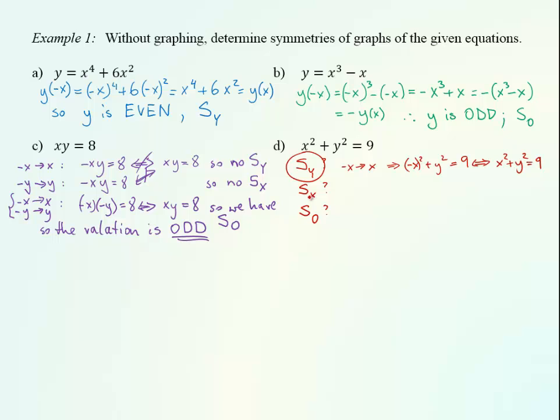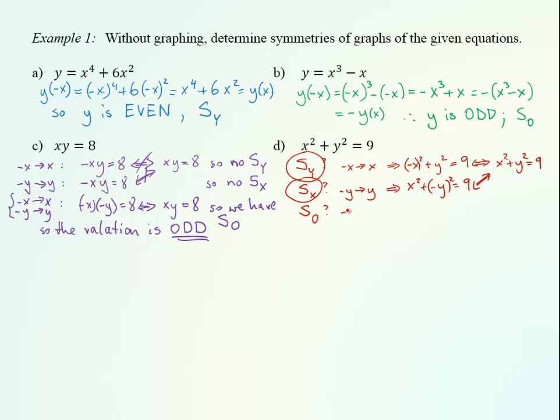To check symmetry for the x-axis, we're going to replace y by negative y. So similarly as before, x squared plus negative y squared equals 9. Yes, it is equivalent to the original x squared plus y squared equals 9. So yes, we have symmetry in the x-axis. Well, what about symmetry in the origin?